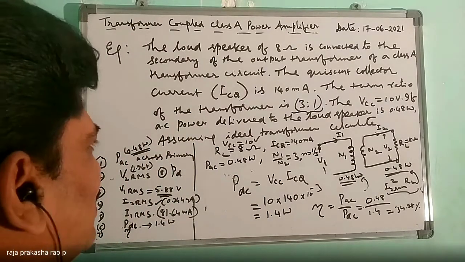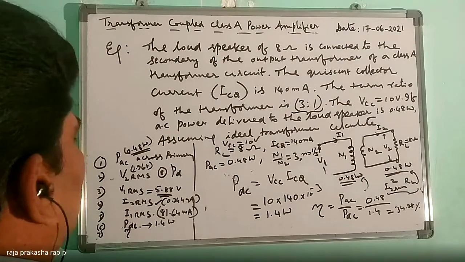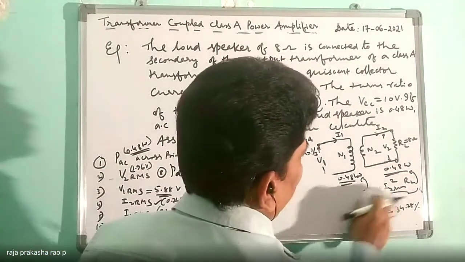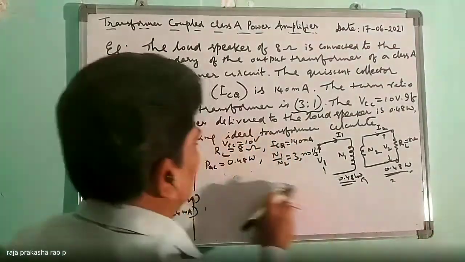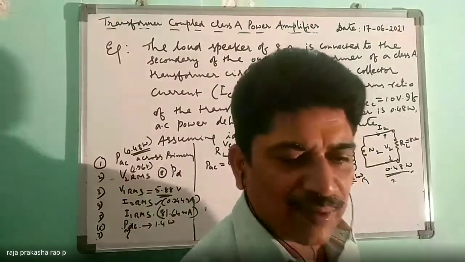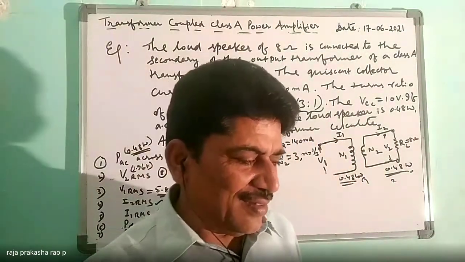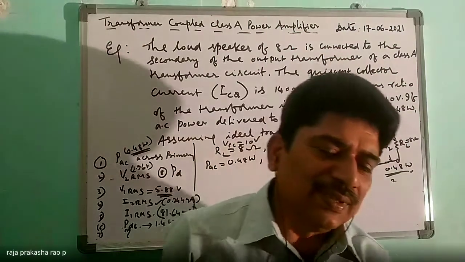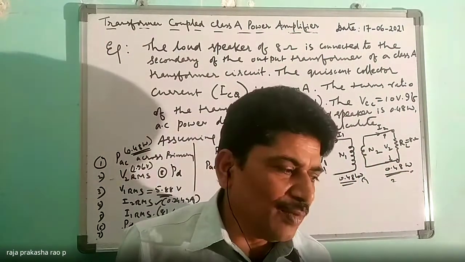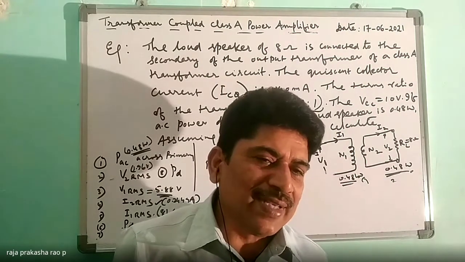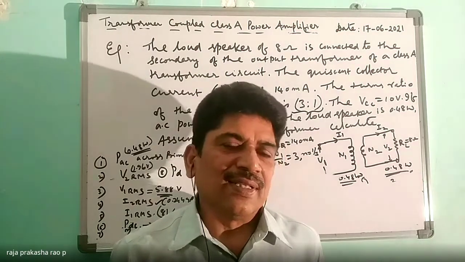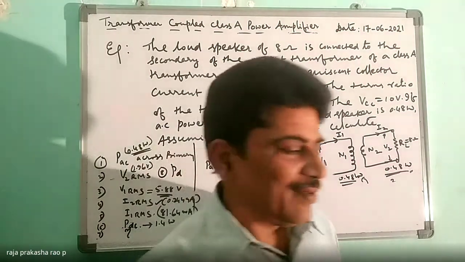Efficiency is over, and the last one is power dissipation. What is the formula for power dissipation? You can tell me, then I can assume that you are following the lesson. Power dissipation is equal to input power minus output power. It is the power wasted in the passive elements such as resistors and junctions of the transistor, J1 and J2.